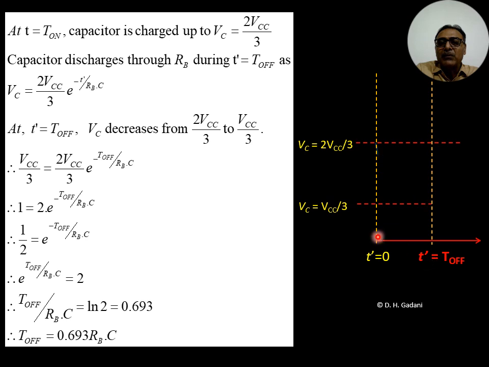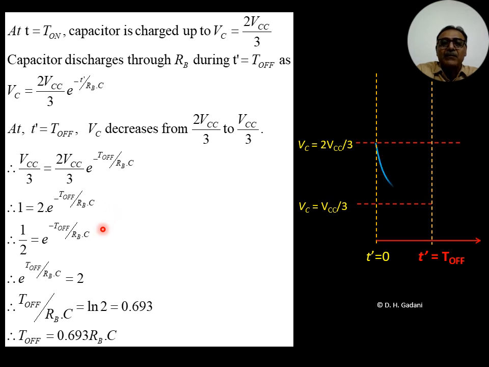So if we put these two values in this equation, we get Vcc by 3 equal to 2 Vcc by 3 e raised to minus t off upon Rb into C. So this gives 1 equal to 2 into e raised to minus t off upon Rb into C.